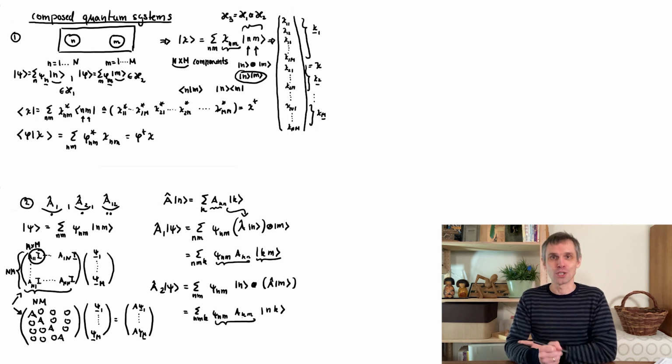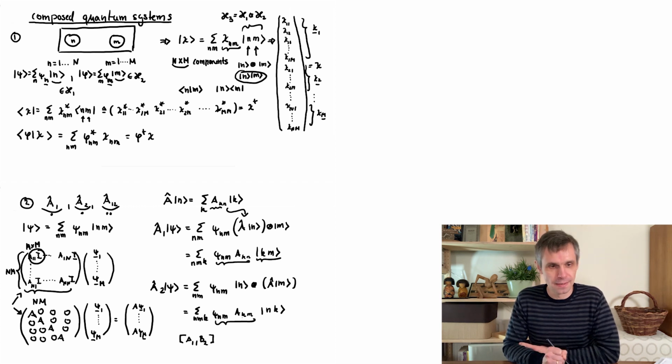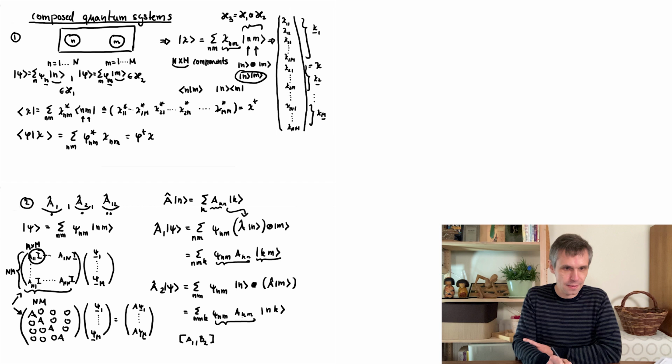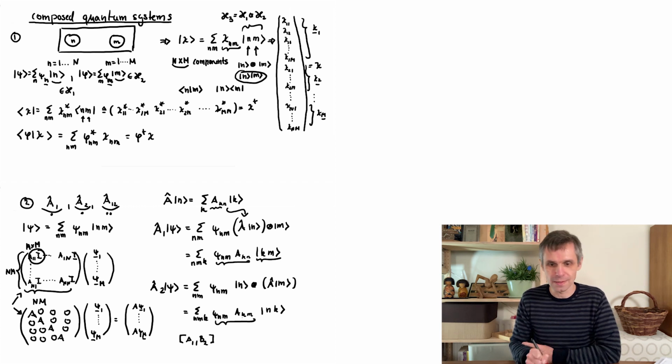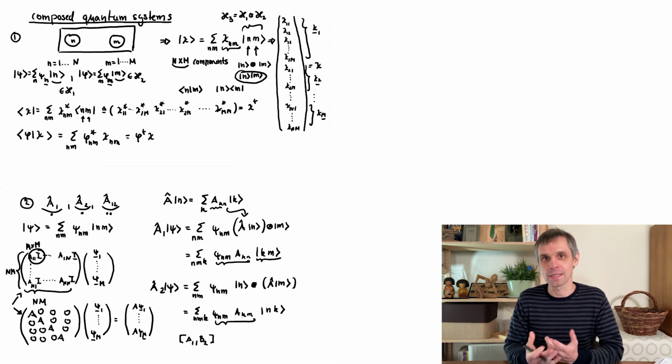Now what we can check immediately with these forms is that any observable of the first quantum system commutes with an observable of the second quantum system. And this is essentially because these identity matrices here commute with any observable that you encounter here. And I here specify that this could be even a totally different observable, even if the two systems are sort of alike and have the same dimensions.